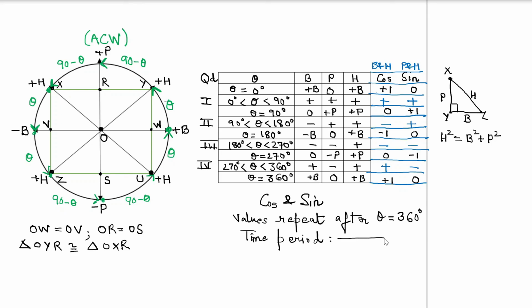So both for sine and cos, just with the help of the Euclid's algorithm also, you can say that the values of sine and cos theta will repeat after every 360 degrees.